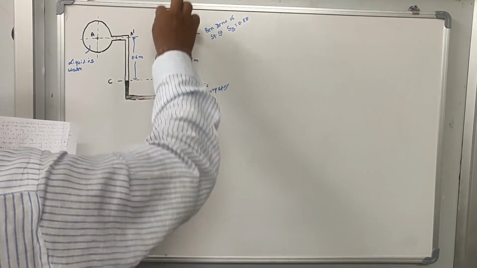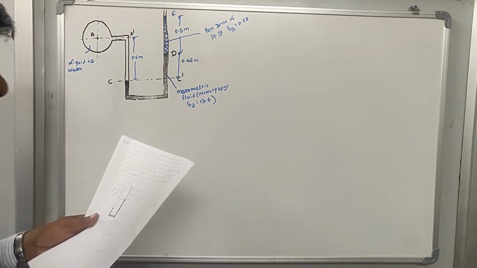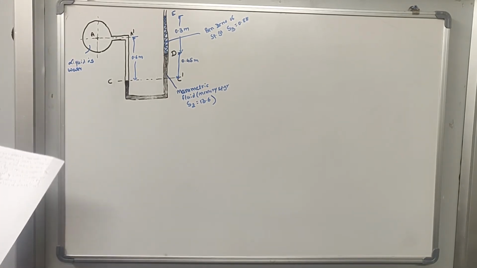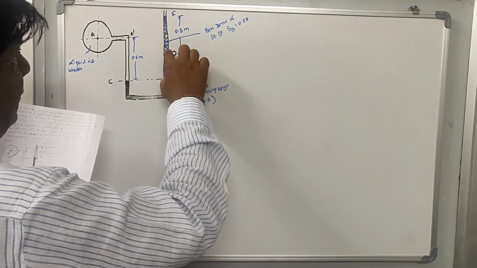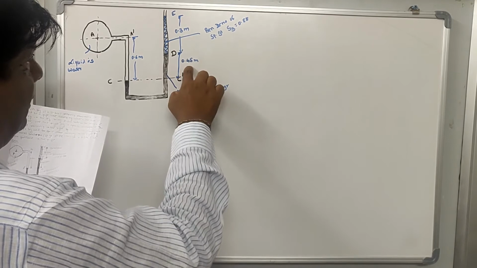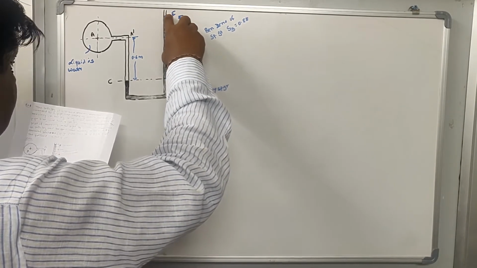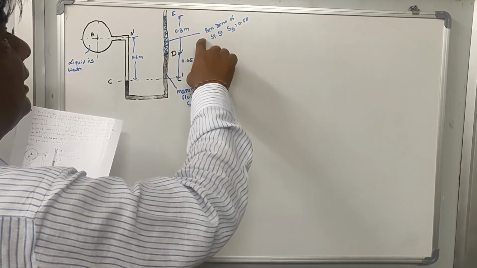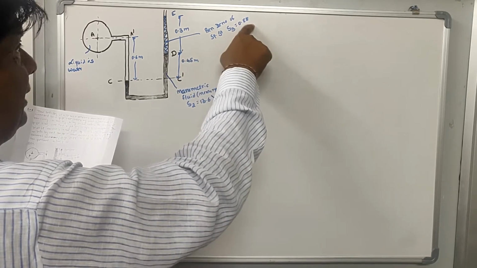So this is the right leg of the manometer and it is open to the atmosphere. The level of mercury in the right leg is 0.45 meter. So this is the level of mercury in the right leg. It is 0.45 meter. And the next is the height of benzene, another liquid of specific gravity 0.88.